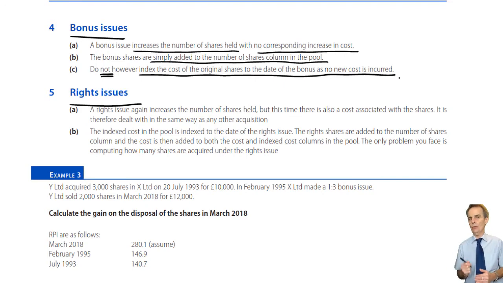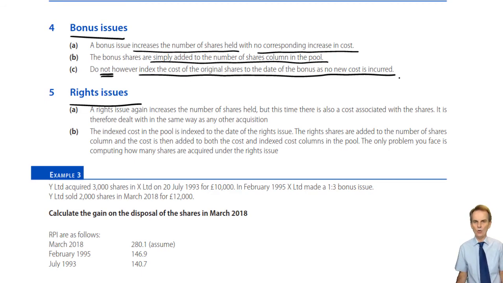Now what that means, of course, is when you move to the next operative event, another acquisition, or indeed a disposal of the shares, then you must remember to re-index from the last time you re-indexed, or from the original acquisition, if there's only been a bonus issue since then. You did not re-index at the time of the bonus issue. Now again, be careful. What the examiner will no doubt do is to give you an RPI at the date of the bonus issue.